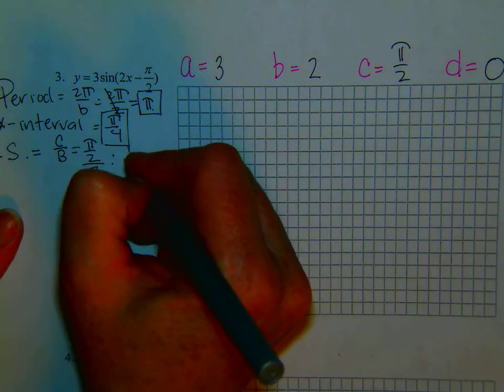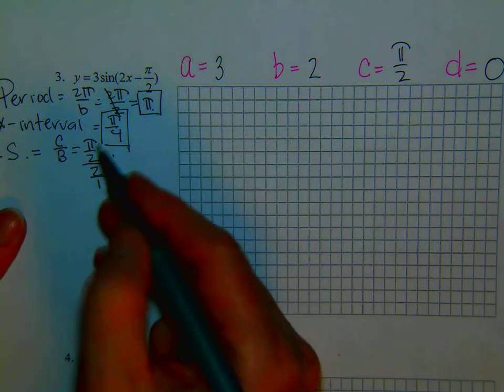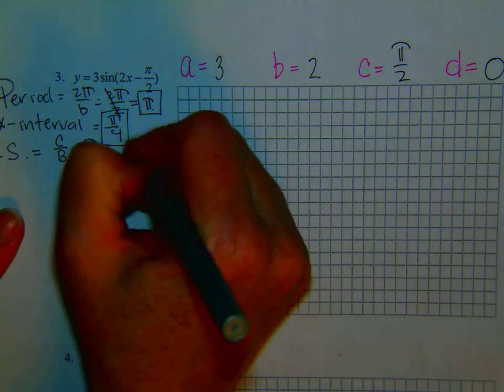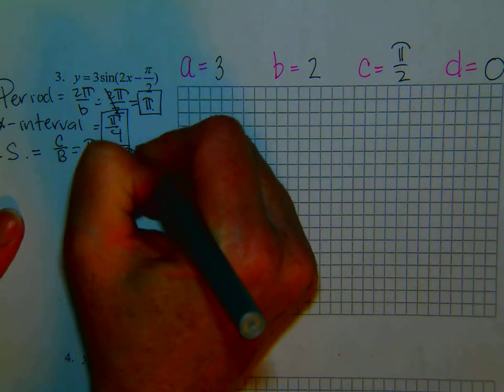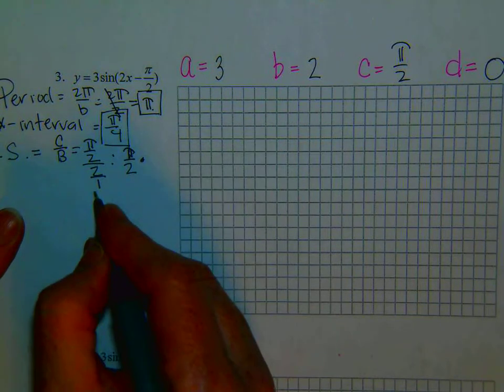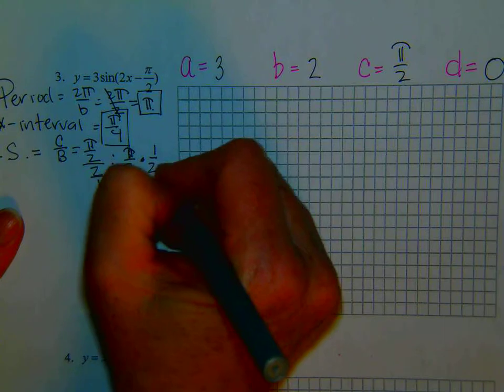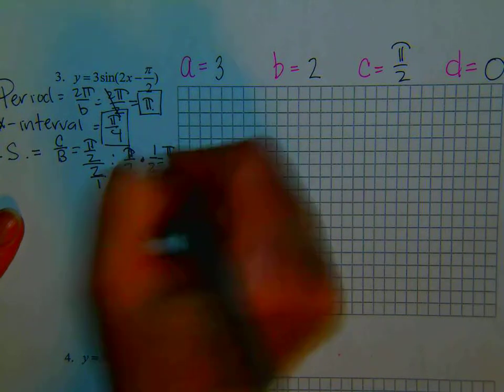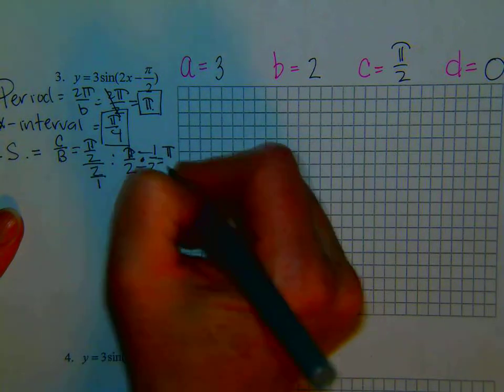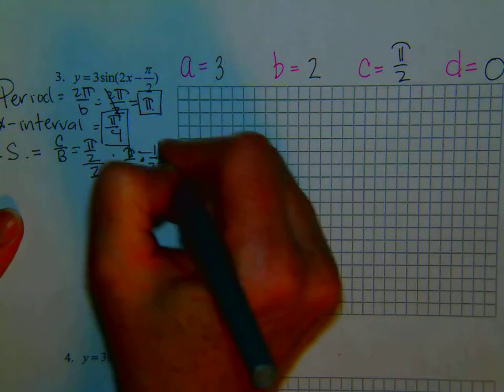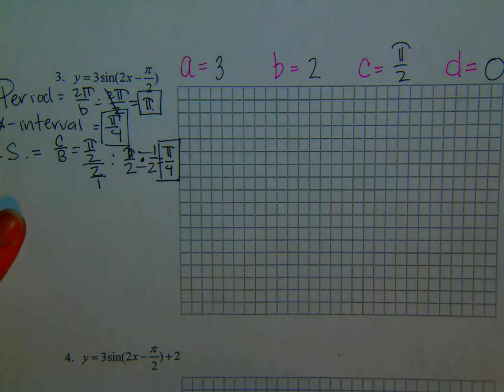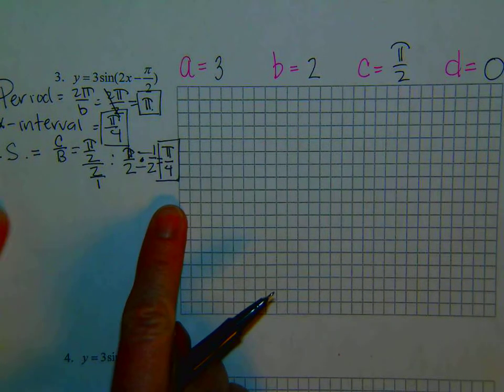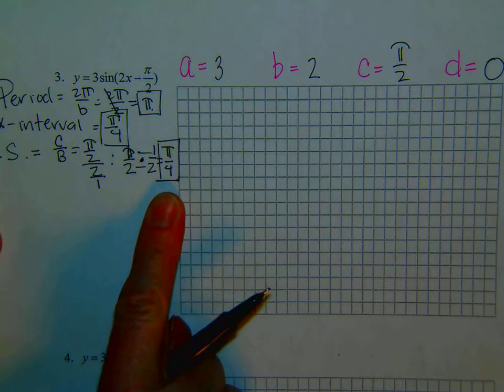Well, this is the division of a fraction. So this is going to be pi over 2 multiplied by the reciprocal of 2, 1 over 2, which equals, just multiply straight across, pi over 4. So the phase shift is pi over 4.